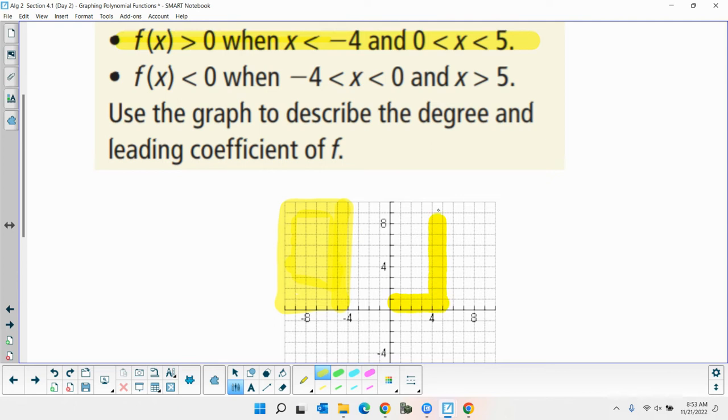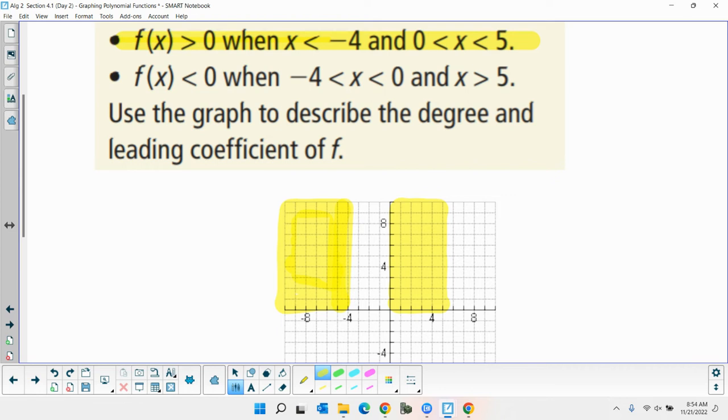Oops, went a little too far. Positive. Above 0. Top half. That makes sense? Okay. Negative.